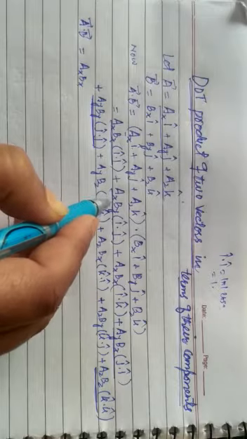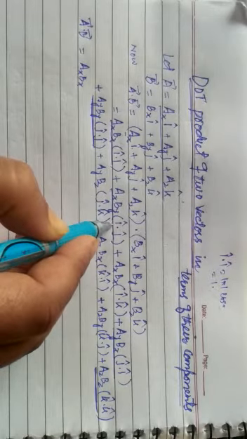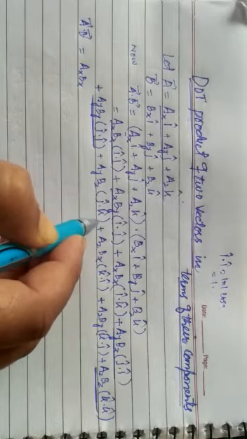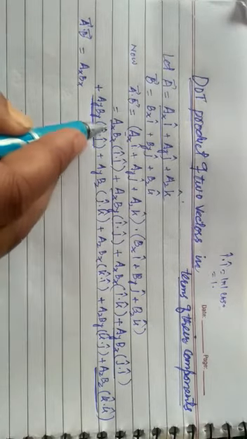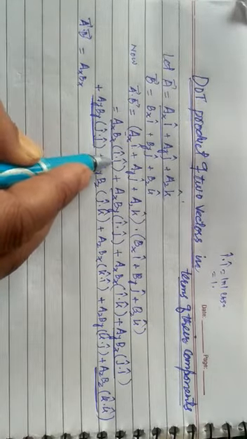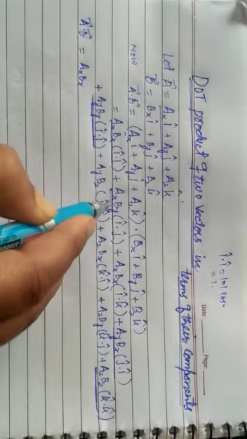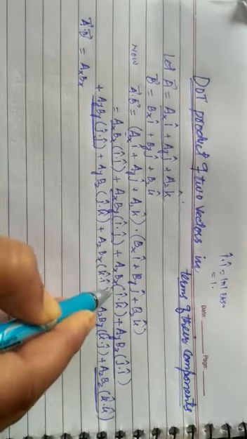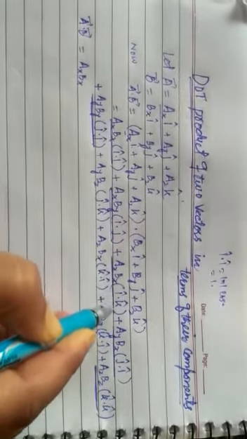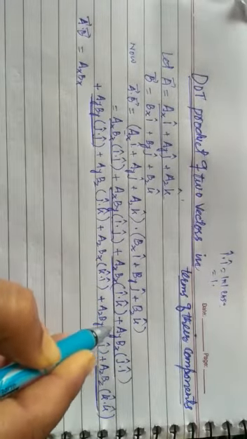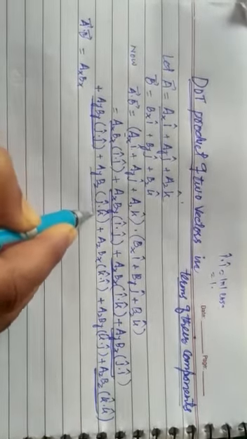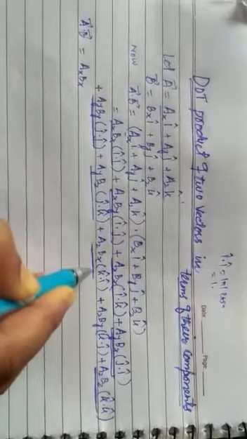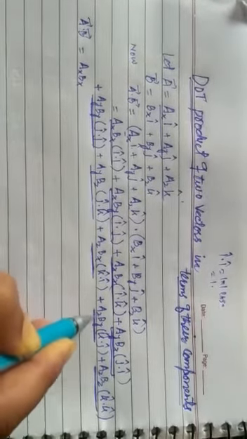Instead of i dot j, I will write 0, because it is 1 into 1 cos 90, and cos 90 is 0. So ax bx i dot i is ax bx, and all the mixed terms vanish.